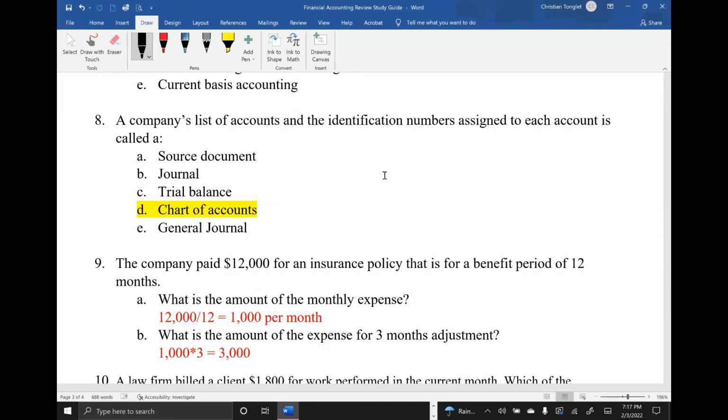All right, a company's list of accounts and the identification numbers assigned to each account is called what? Remember, we talked about how these accounts will have numbers and descriptions sometimes. That's just a listing, not what the balances in the accounts are. If you just want a listing of all the accounts, it's called your chart of accounts. It just lists them all out.